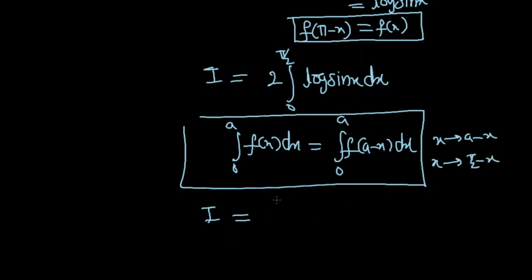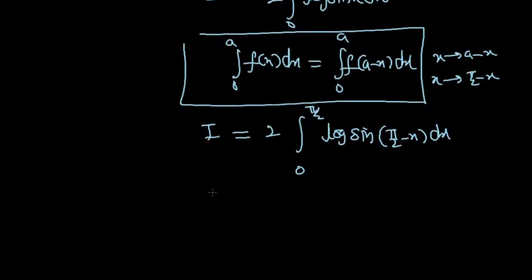So 2 times integral 0 to pi by 2 of log of sine of pi by 2 minus x dx. So I is equal to 2 into integral 0 to pi by 2. Because 90 minus theta is in the first quadrant, sine changes to cos because of pi by 2. So log cos x dx.